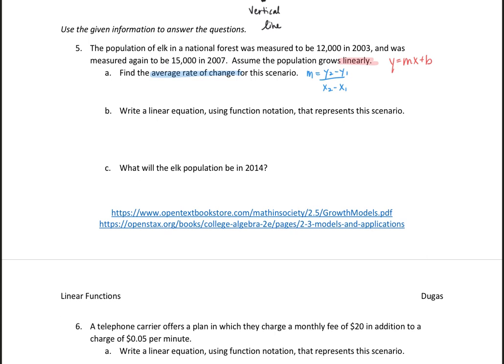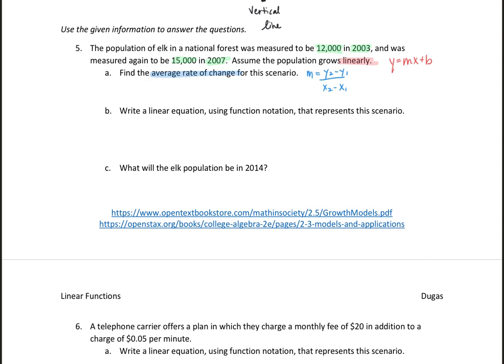Notice that it's talking about a population over time. That is going to be what you use to find your slope. So you have a population and a time, which correspond to your x and your y.